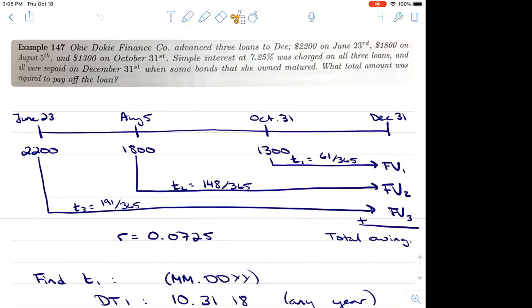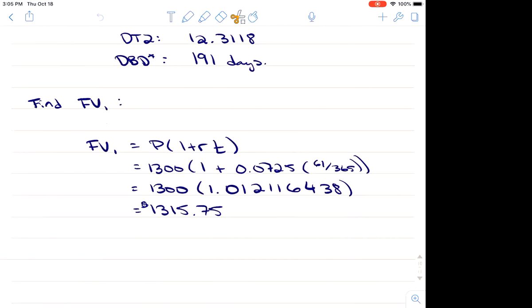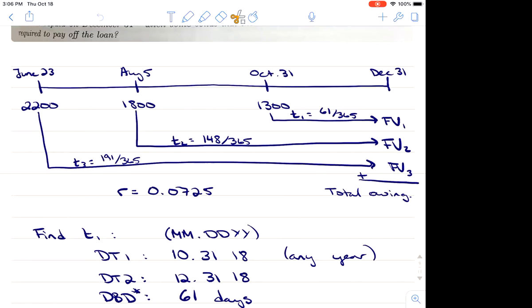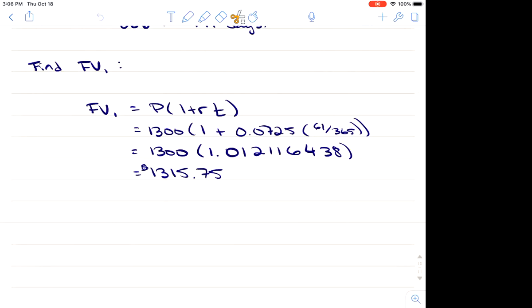And then we started and we said, okay, so we had to find all those times. And then we found the future value for the first, or actually the last loan, right? It doesn't matter which order we calculate these in, but the future value of this last loan that she took out we found was 1315.75.